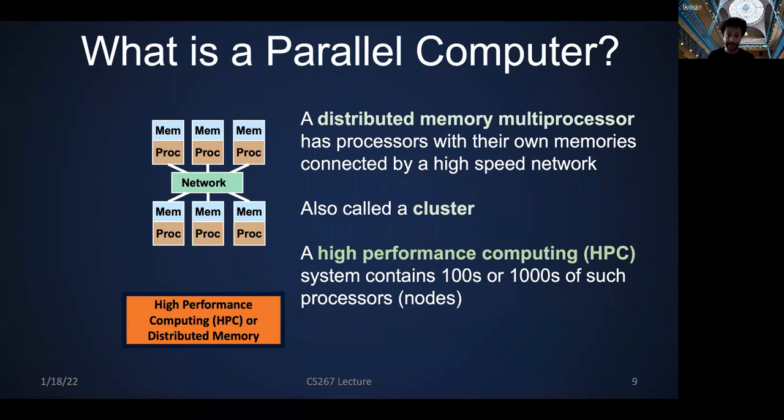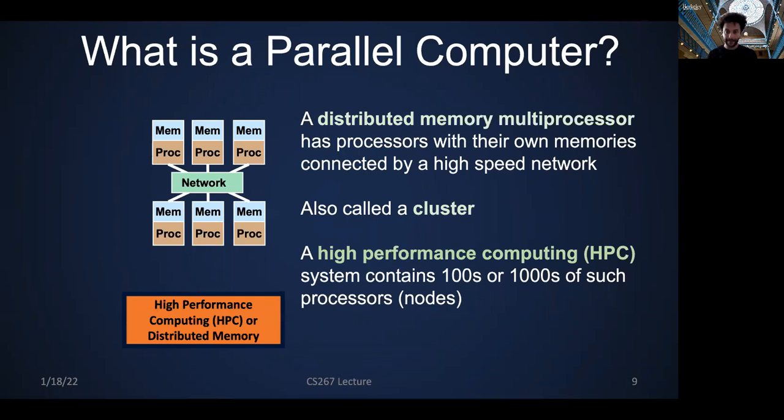These are also called clusters because they are clusters of distinct processors. They are usually composed of different nodes. Each node can include multiple sockets of multi-core chips today.